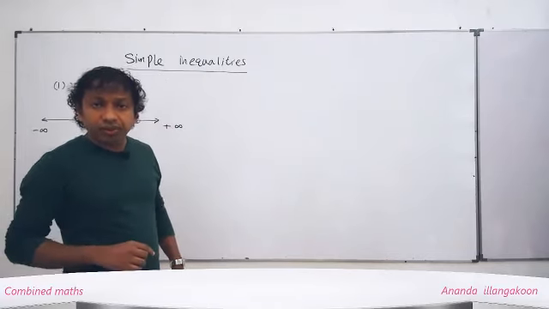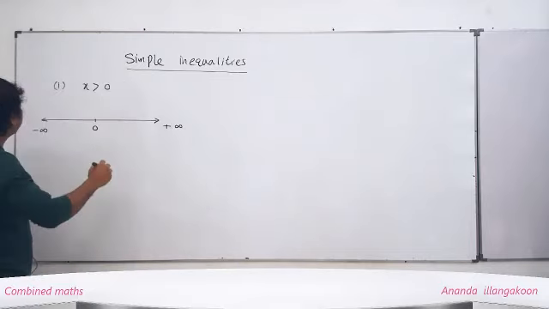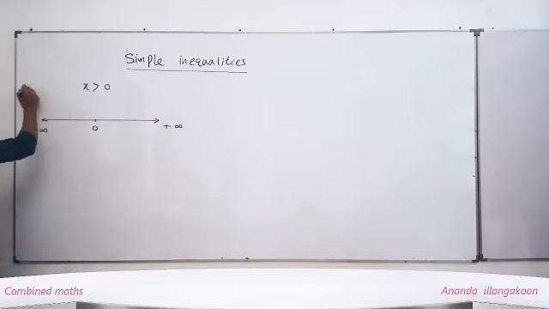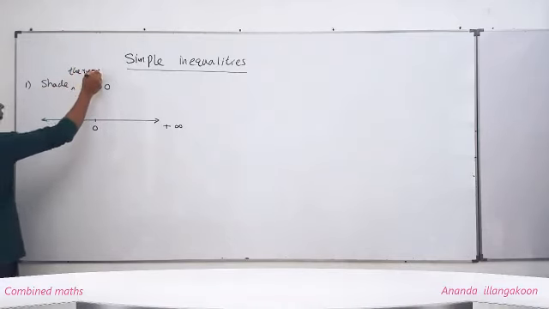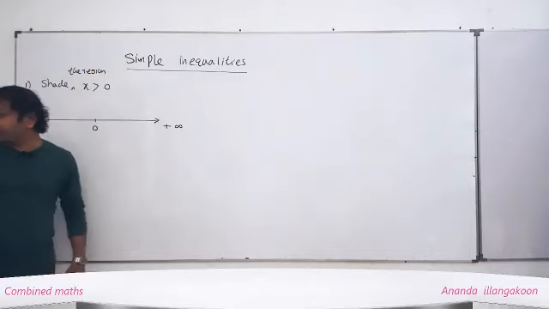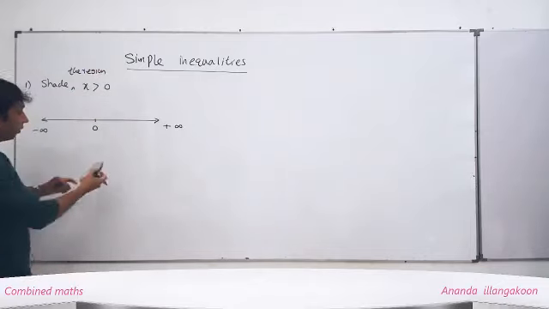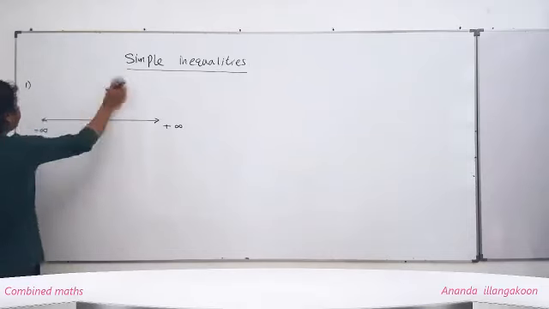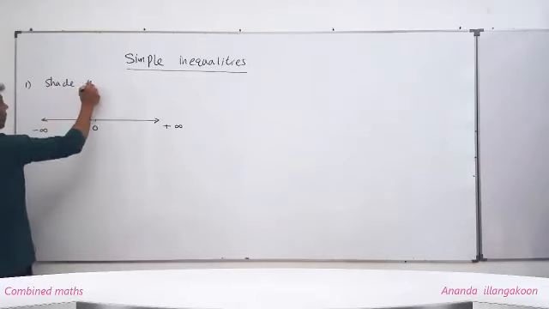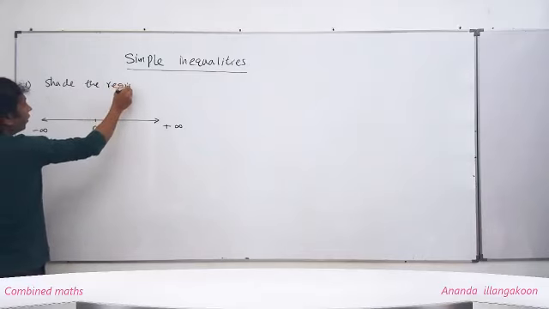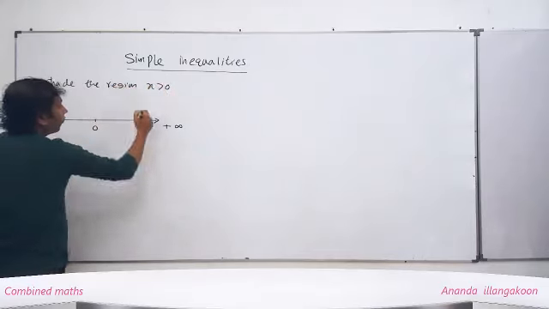For example, number 1: shade the region x greater than 0. That is the first one.